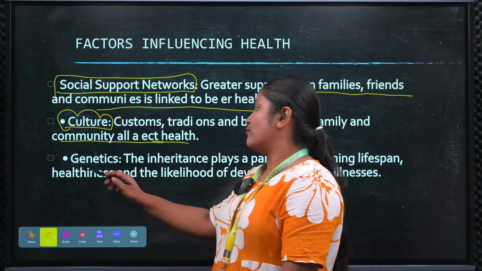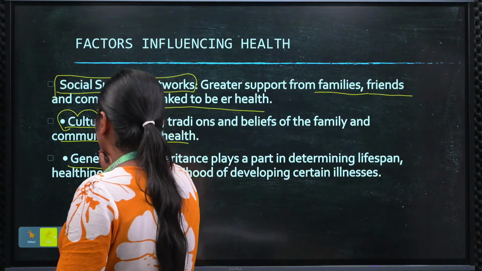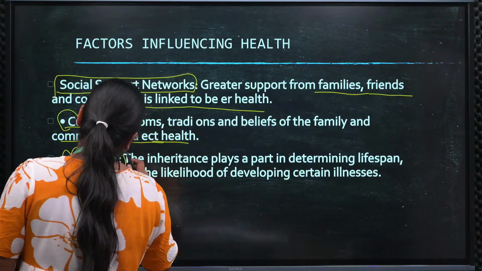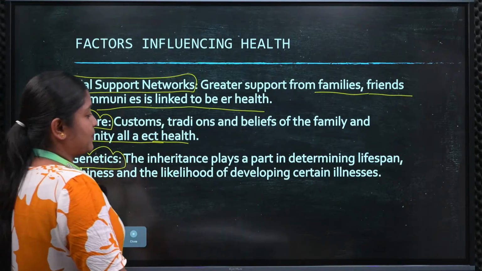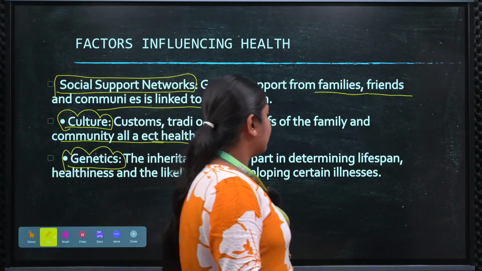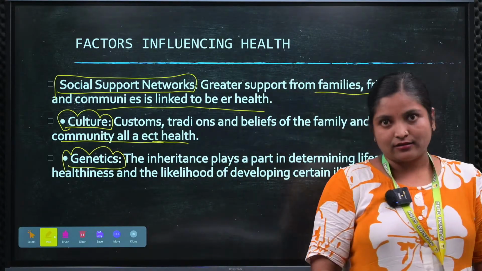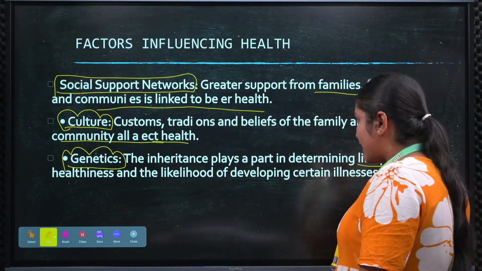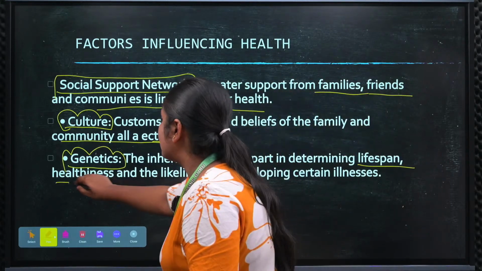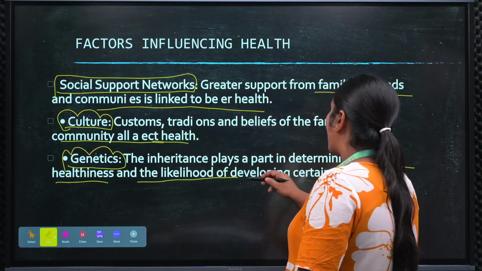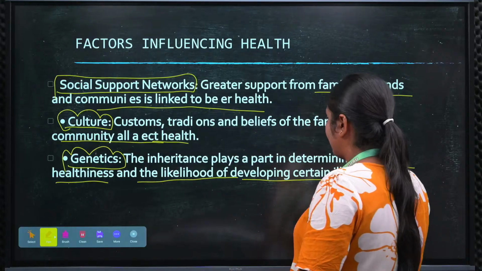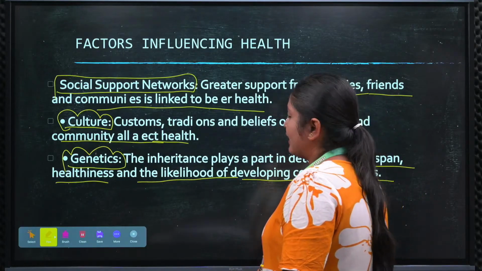Next one we can move towards genetics. The genetics, the heredity, we can say that inheritance plays a part in determining lifespan, as well as healthiness and the likelihood of developing a certain illness.